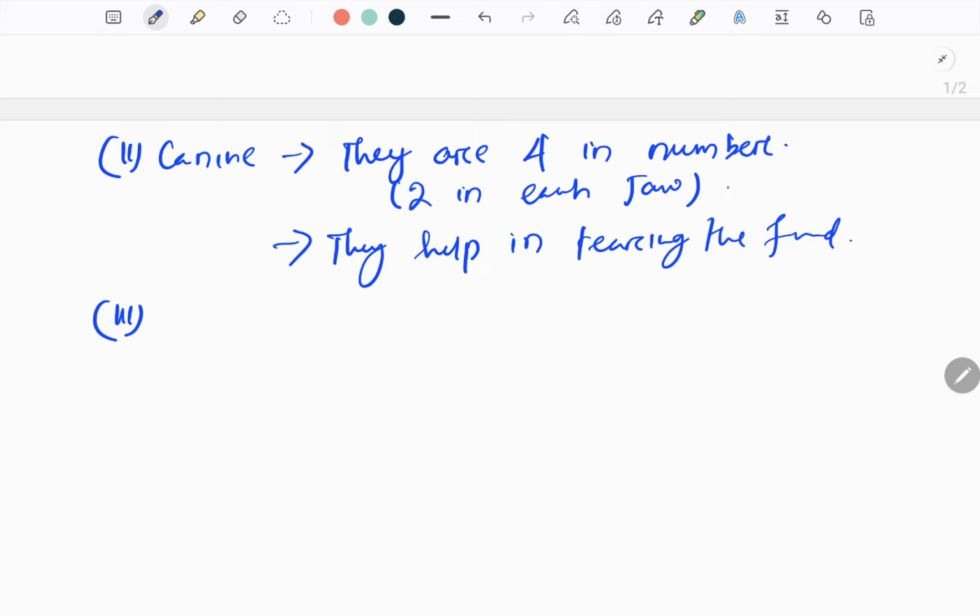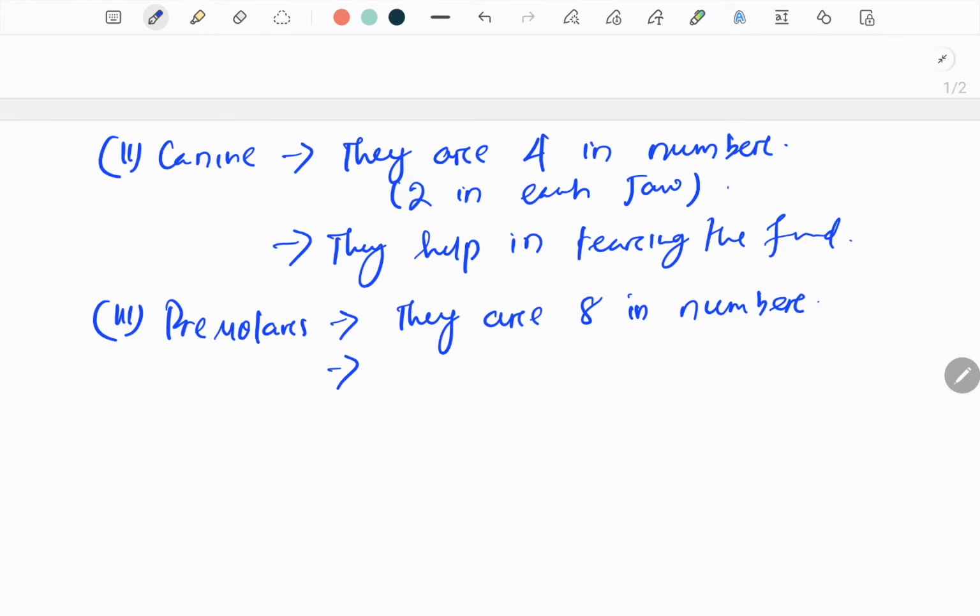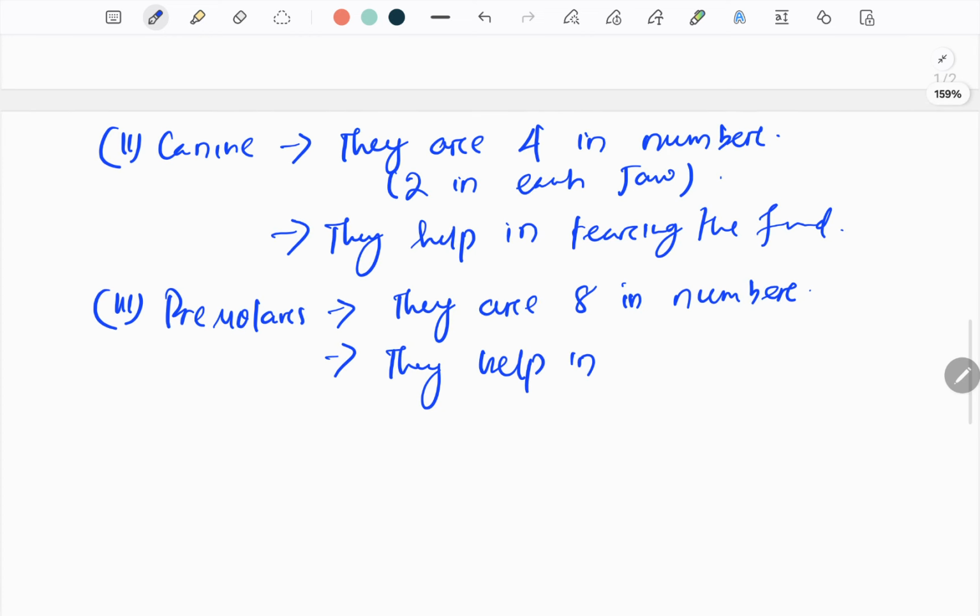Next, the third type of teeth are premolars. Premolars are 8 in number. They help in crushing and chewing the food.